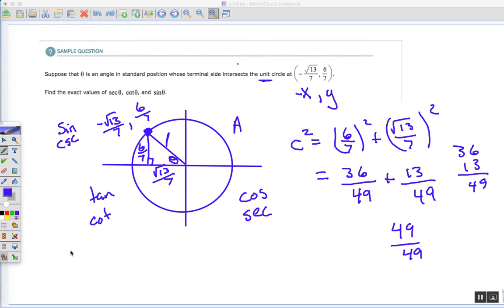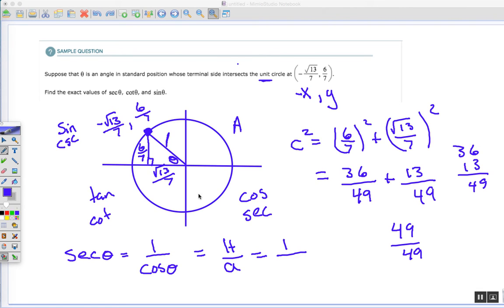So secant of theta is equal to 1 over the cosine of theta. These are reciprocal trig functions. So it's equal to 1 over the cosine, which means if cosine of theta is equal to adjacent over hypotenuse, secant will be equal to the ratio of hypotenuse to its adjacent side. So the hypotenuse here is 1.